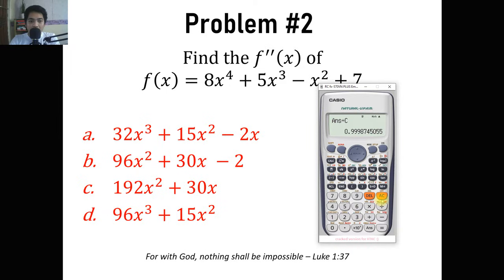So our tentative answer would be B. But let's try 192 alpha x squared plus 30x, 0.1, then compare the answer with alpha c. So 2.5, that's not equal to 1. So let's try letter D just to be sure.